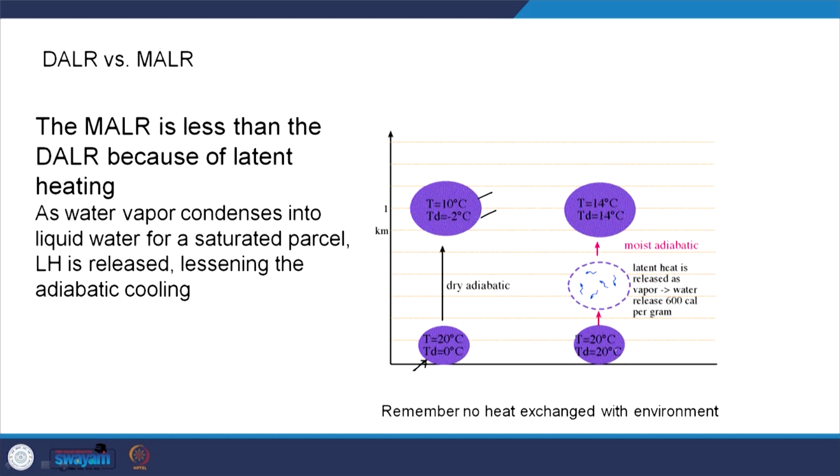Now, if the parcel to begin with is at 20 degrees Celsius, at some point it becomes saturated, and if you raise it further, it will lead to the formation of liquid droplets. So, latent heat is released as the vapor phase changes to water, releasing nearly 600 calories per gram. So, how much heat is released? The latent heat of condensation is 600 cal per gram.